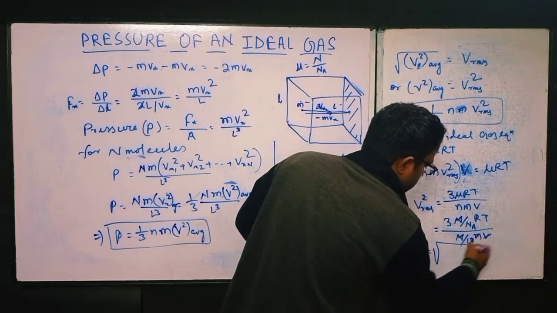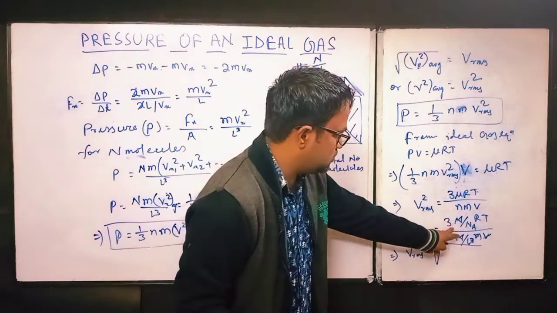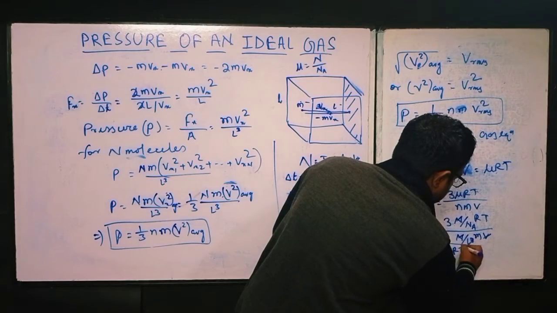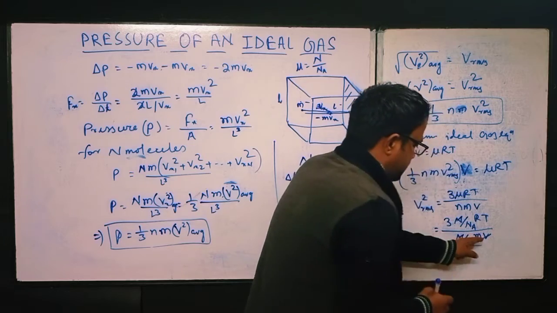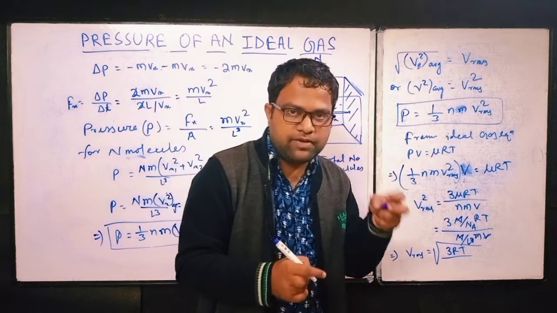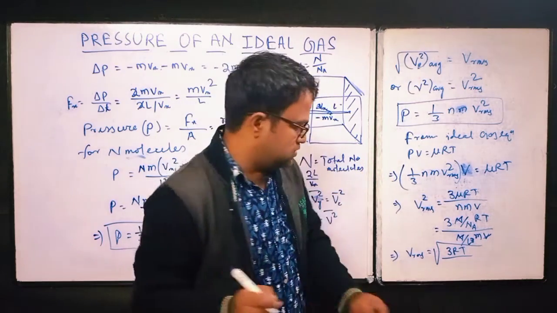So V RMS equals the root of 3 RT, where R is the gas constant, divided by m Na in the denominator: the mass of one molecule multiplied by Avogadro's number is your molar mass.